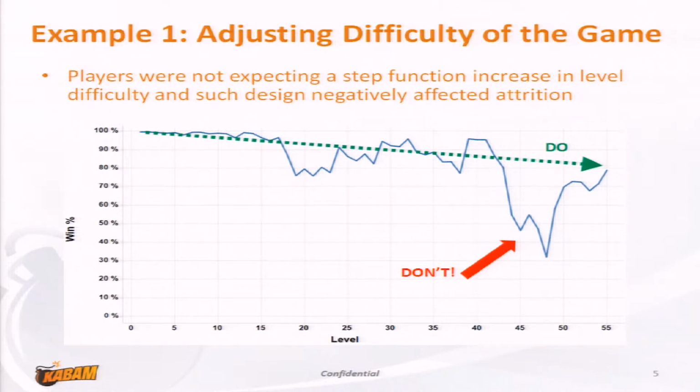What we typically want to do is slowly change the difficulty of the game so that it becomes more and more challenging to engage our players, which is what this green line shows you would want to do. In this example, you can see that there are some levels where it's much harder for our players to beat. For example, here and here, and those are the choke points where players are getting frustrated and getting disengaged from the game.